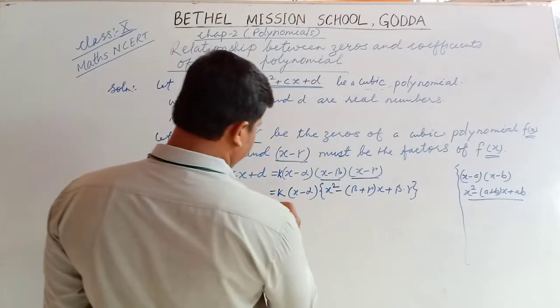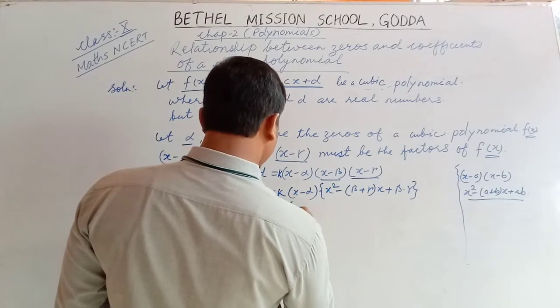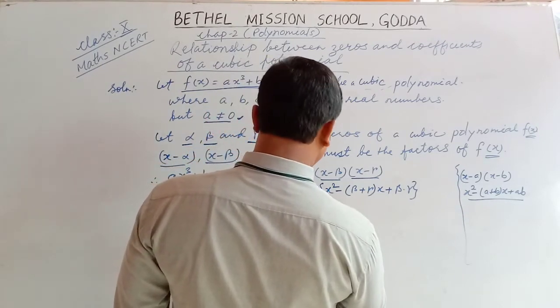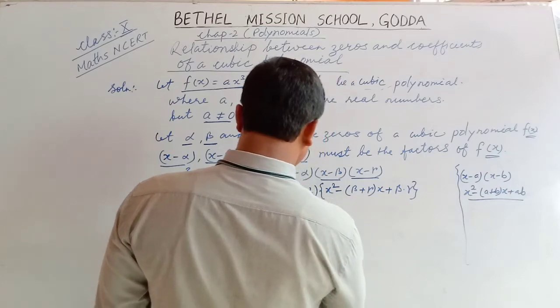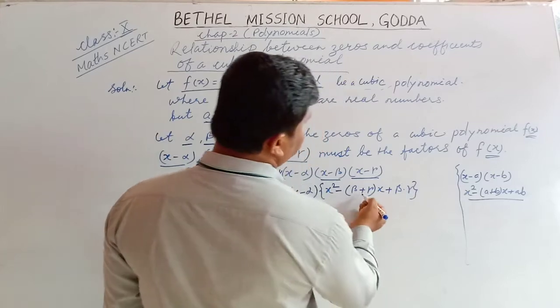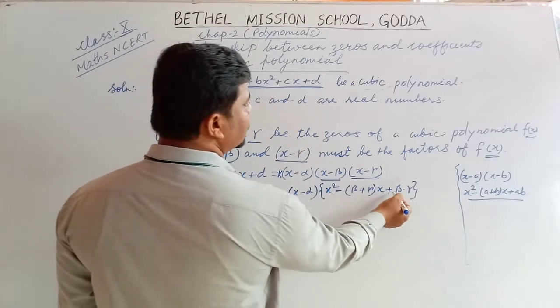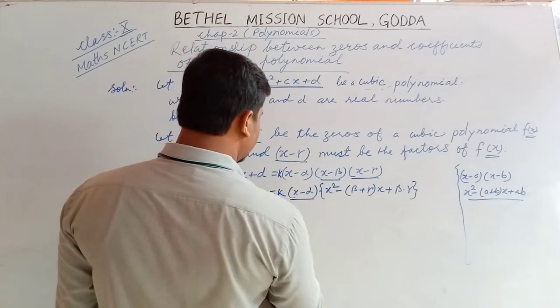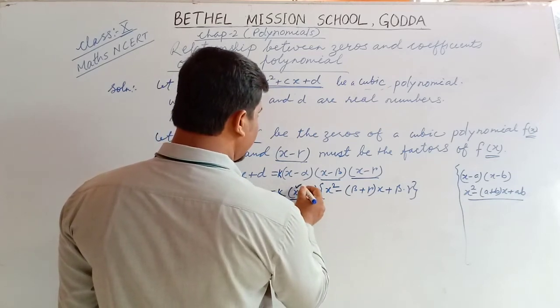Then k into x minus alpha. Now again we will multiply x square minus beta plus gamma into x plus beta into gamma by x minus alpha. First we will multiply by x.